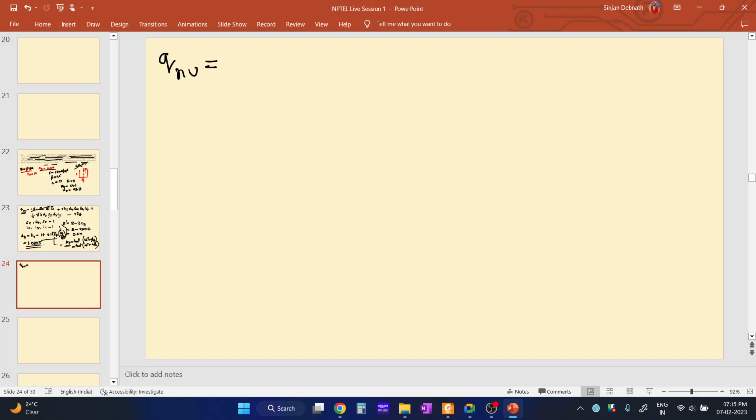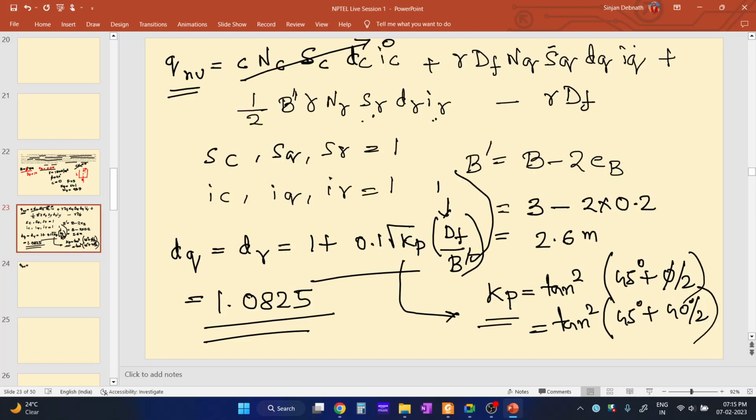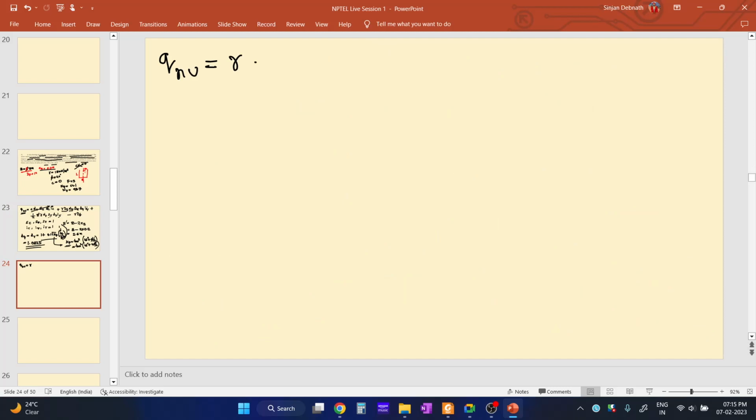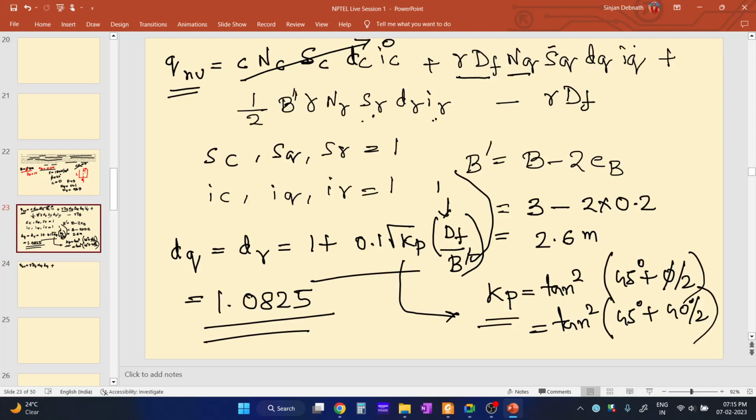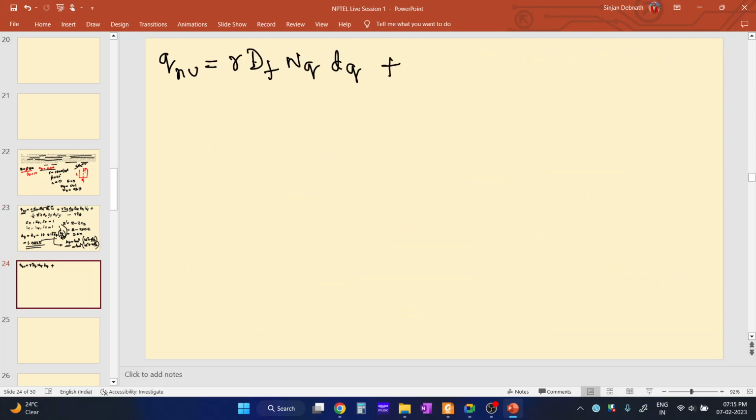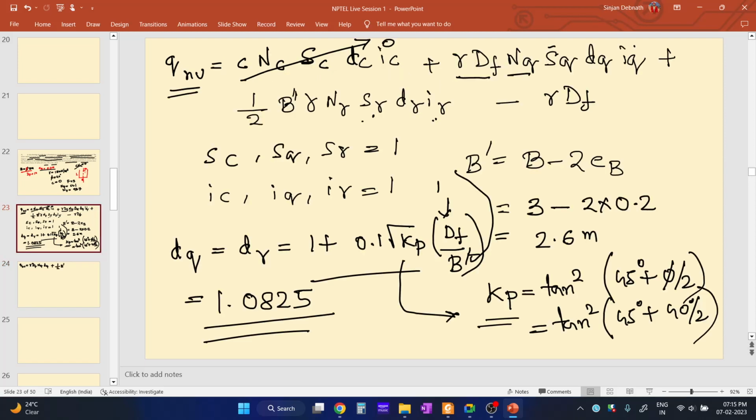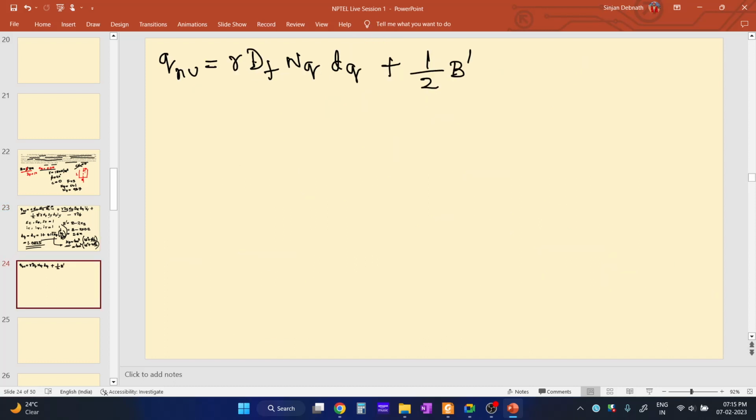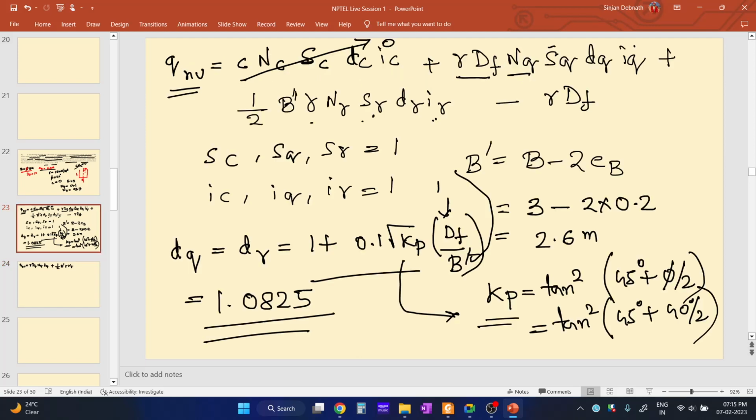The QNU will be gamma df nq dq plus half into b dash gamma n gamma and d gamma.